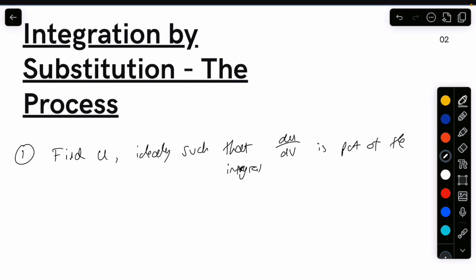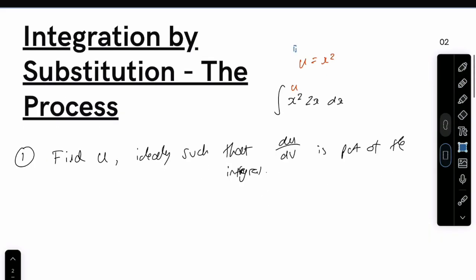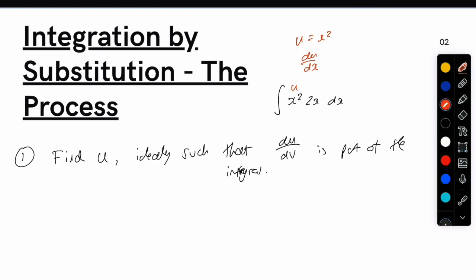Now you might be a bit confused. I mean, what is this about? Well, put it this way: if we've got x squared, and we've got 2x dx, and we've got an integral here. If we let u equal x squared, therefore du by dx is equal to 2x.